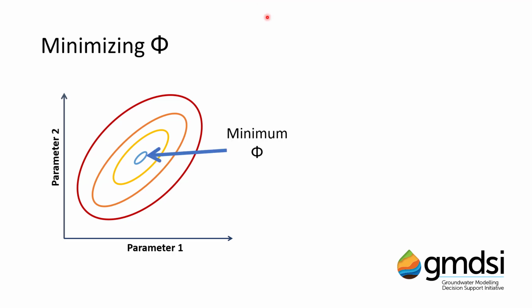To find that minimum, a parameter estimation code will perform a series of model runs, each with different parameter values. For example, in such a case, a model would be run once with initial values, and then run again once for each of the adjustable parameters, adjusting each of those parameters by a small amount.